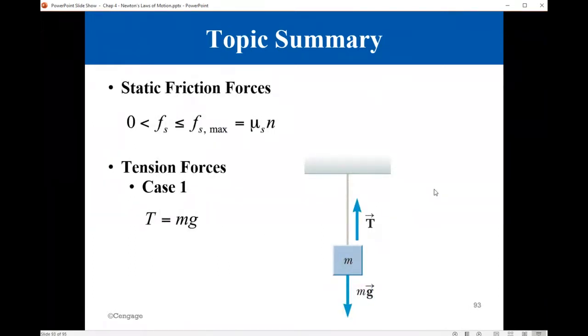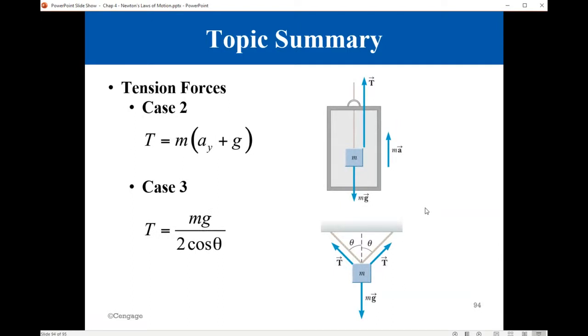Finally, we learned about the tension force, and we learned that strings and ropes serve to transmit the force between different systems, the different parts. The tension force can be calculated whether we have static equilibrium or whether we have a moving system.